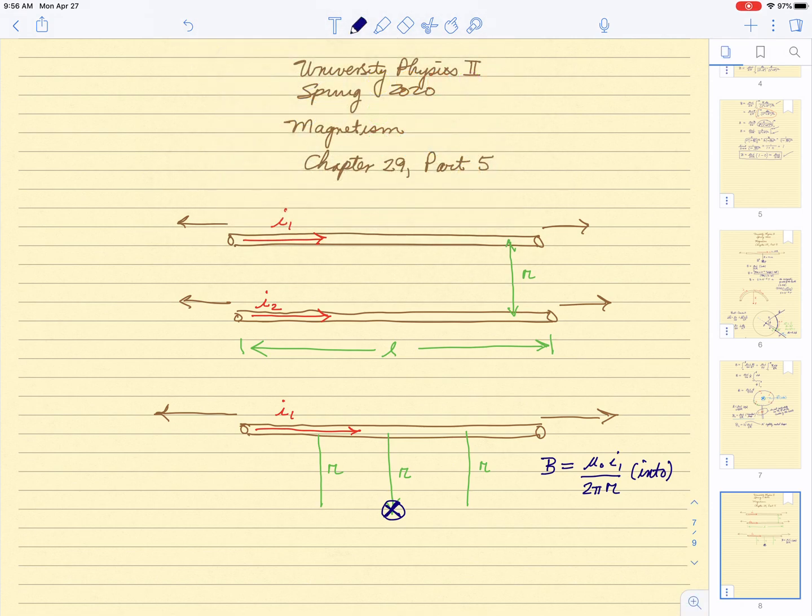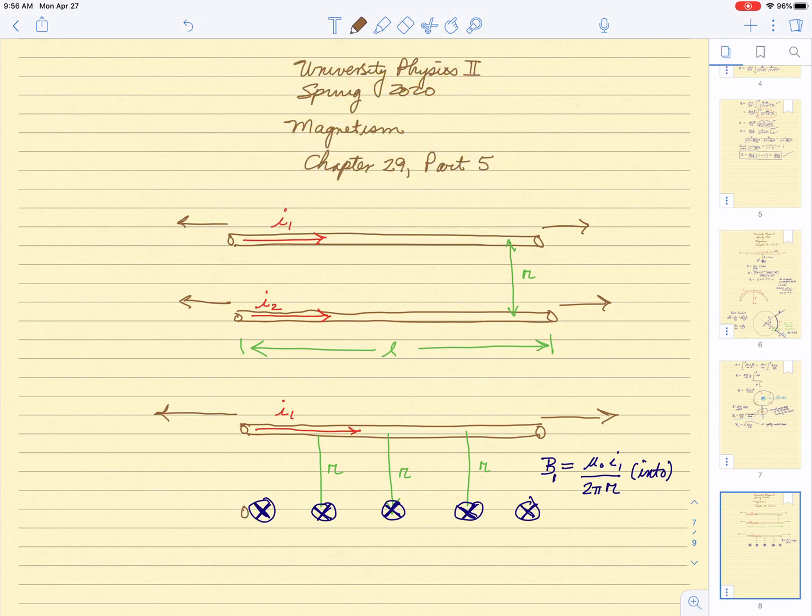So the magnetic field's going to be into the plane of the paper here, here, and here, and it's going to be of magnitude mu naught I1 over 2 pi r. So that's the magnetic field. Let's call this the magnetic field generated by wire 1. Call it B1.